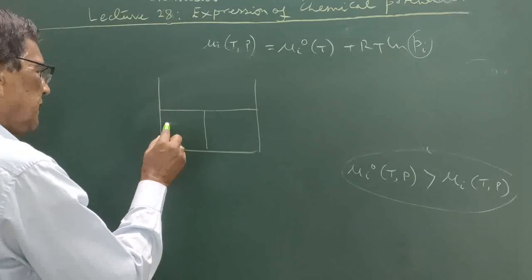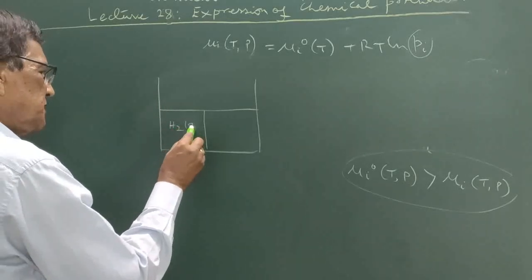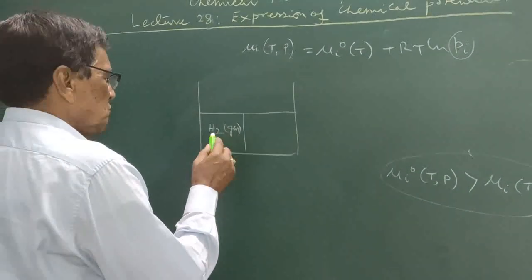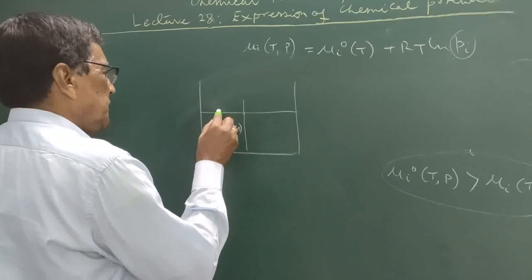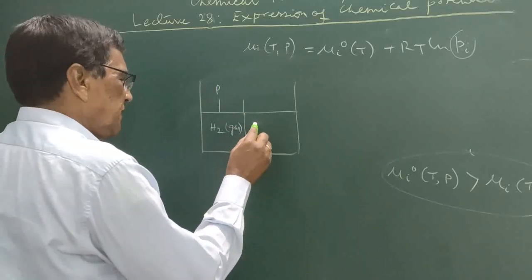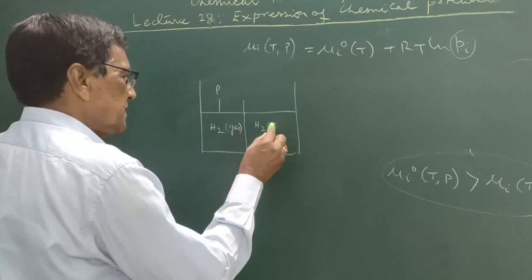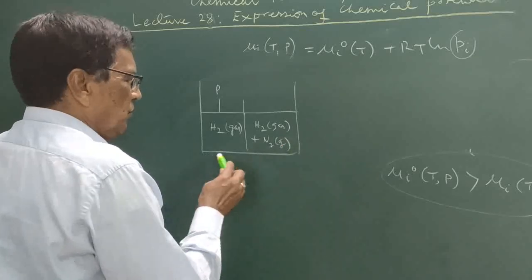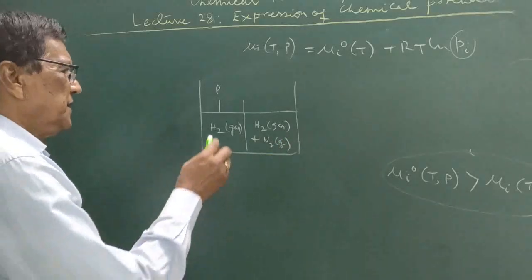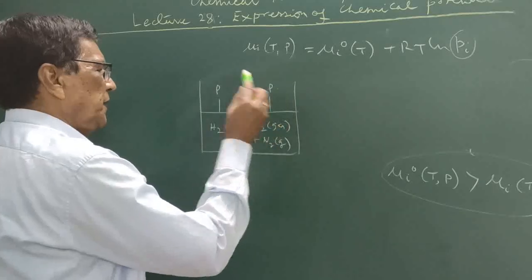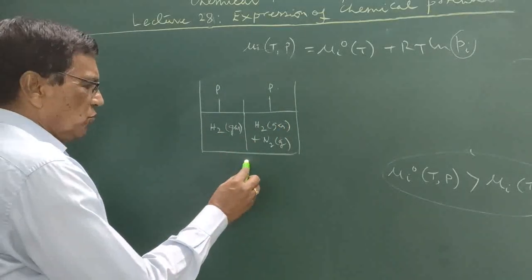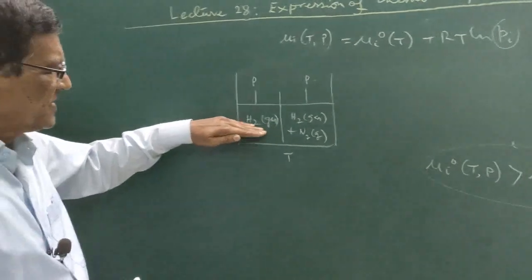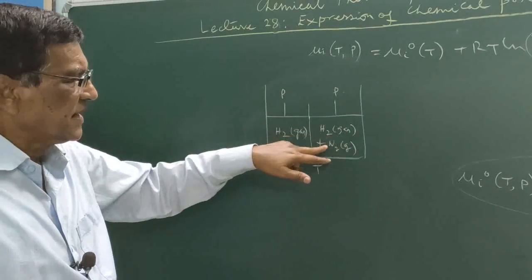Here hydrogen gas remains in a pure state at a pressure P, and here it is hydrogen gas plus nitrogen gas in a mixture, also at pressure P. Both are at the same pressure and the same temperature, and these are being partitioned. Here is only the nitrogen gas in pure state, and this one is the hydrogen gas and nitrogen gas in a mixture.